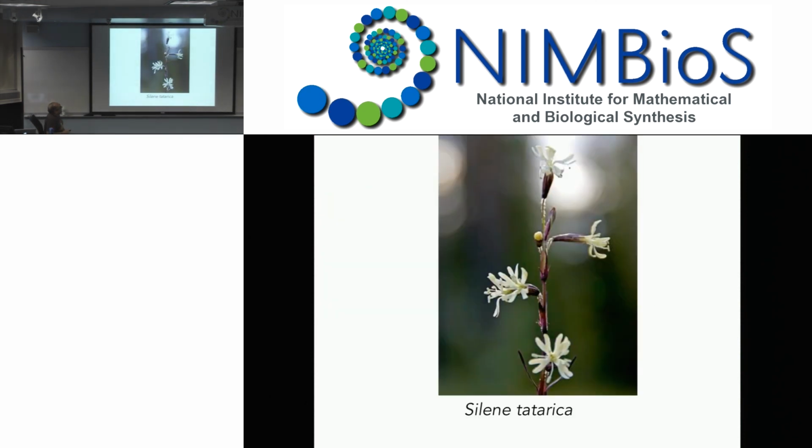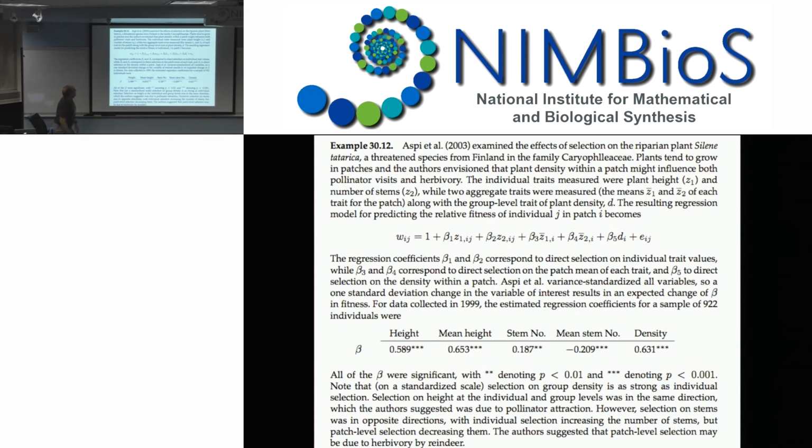So an example of that is this nice little plant in Finland. And in that plant in Finland, they're basically concerned with survivability. And so they measured plant height, Z1, number of stems, Z2. Then they measured average plant height in a group and number of stems in a group, because these things occur in groups.